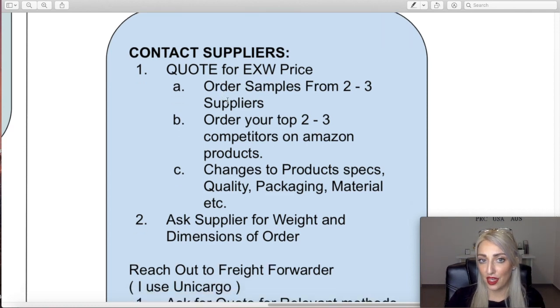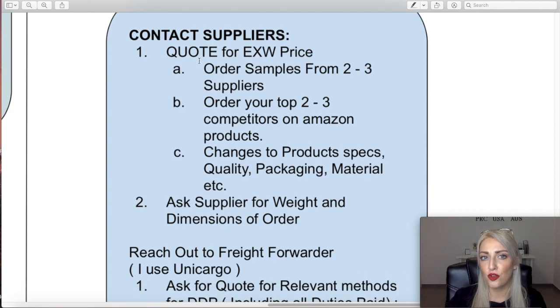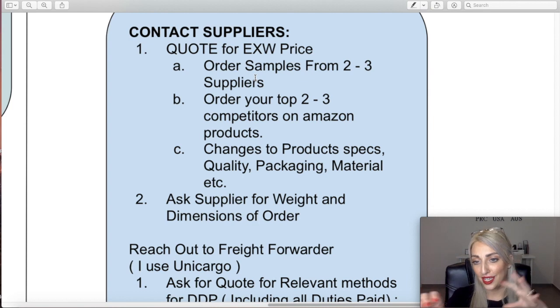There'll be a whole separate video for suppliers because this is a whole different subject, so I've just made this very specific instruction. Once you get your quote for the EXW price, you're going to get quotes from 3 or 4 different suppliers, and then you're also going to order samples from those suppliers.